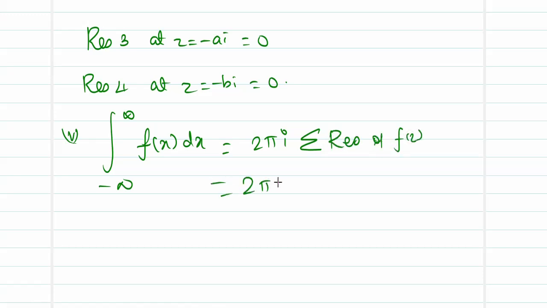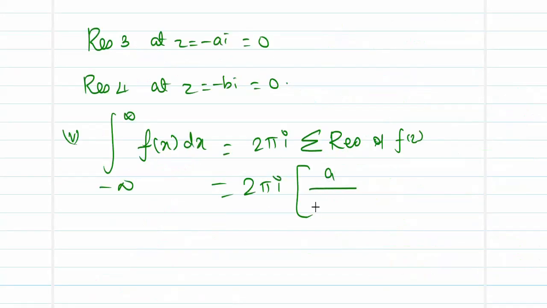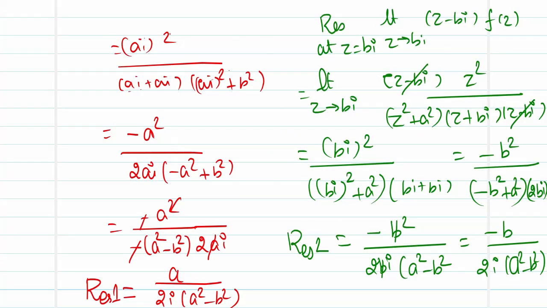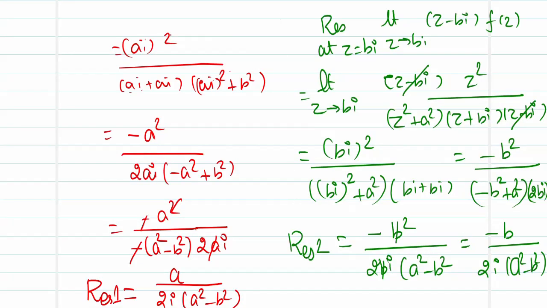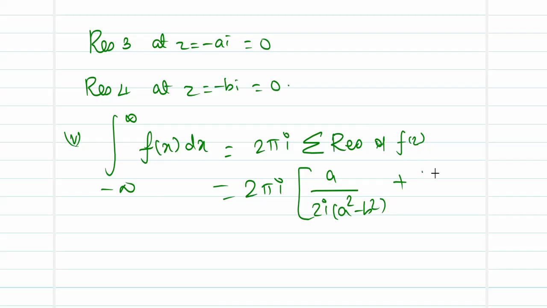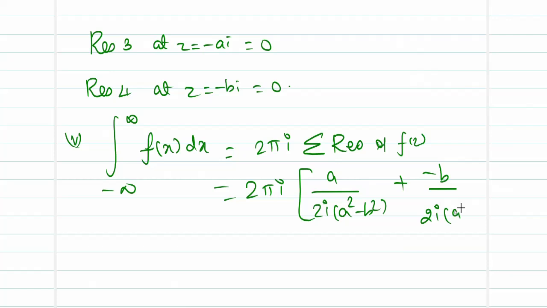So it is 2 pi i times the first residue, which added up to a divided by 2i into (a square minus b square), plus what was the second residue, minus b divided by 2i into the quantity a square minus b square, and the remaining two things were 0.